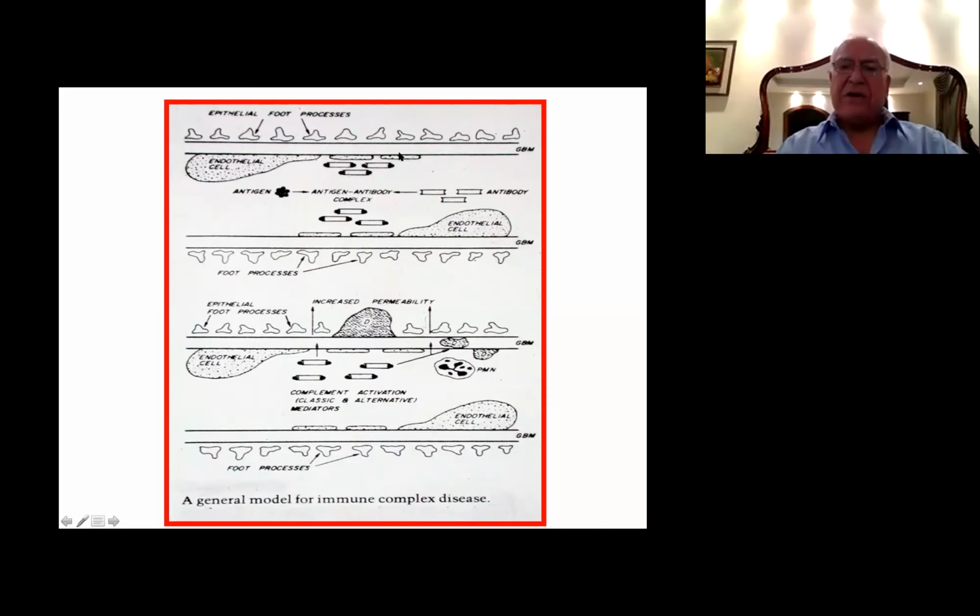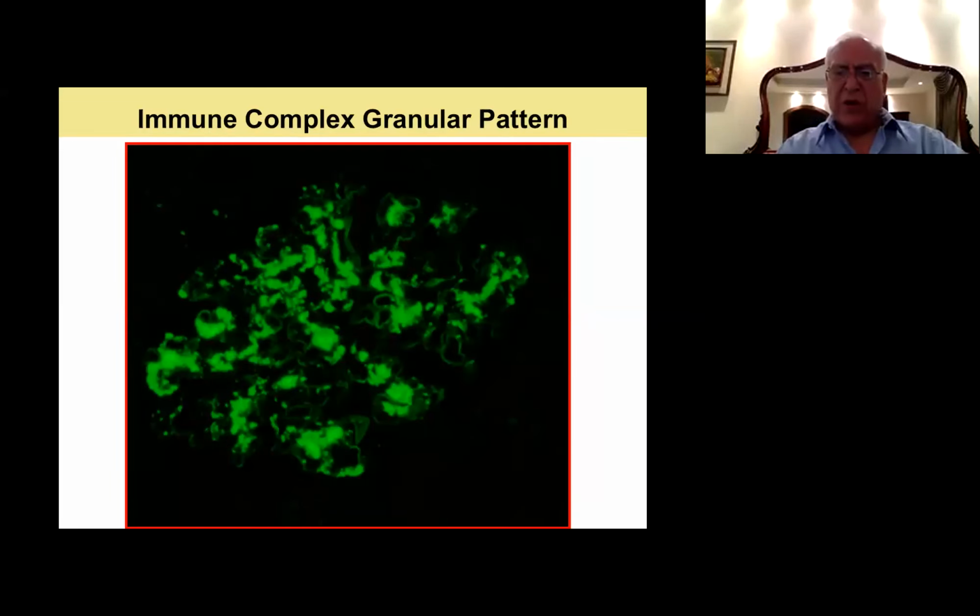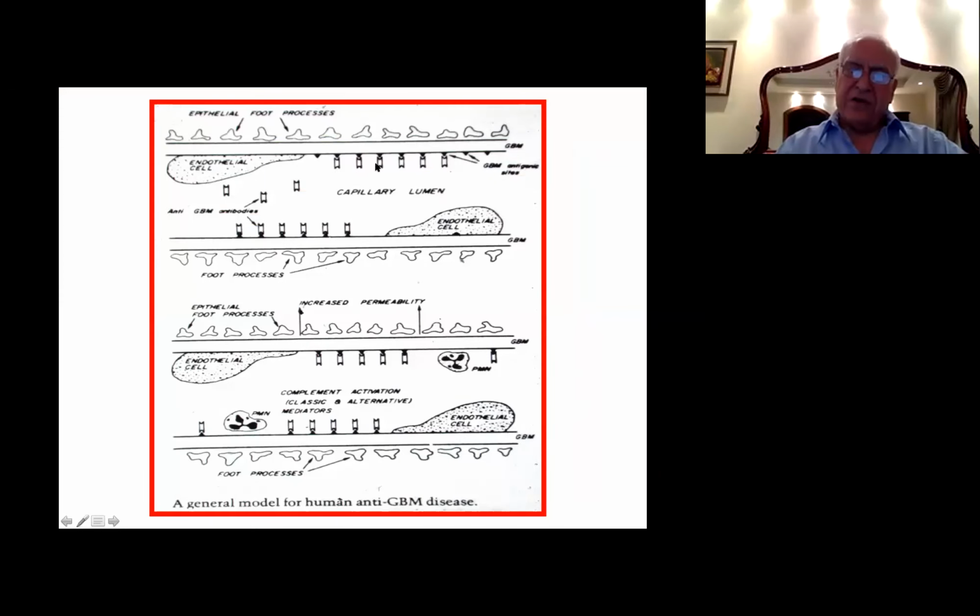And that's how it looks with immunofluorescence. That's a granular pattern of immune complex deposits in the basement membrane of the capillary loops. And that's another one, in a patient with lupus, what we call lumpy-bumpy deposits that you're going to see. Now, the story is different when we have specific antibodies, anti-GBM antibodies.